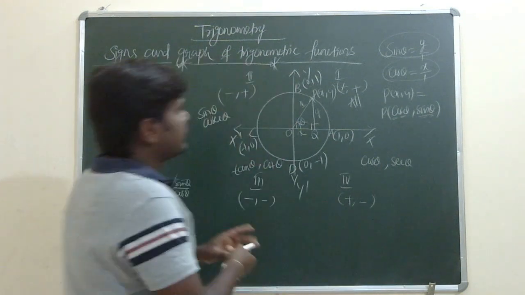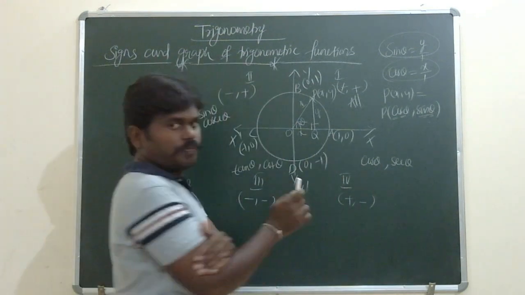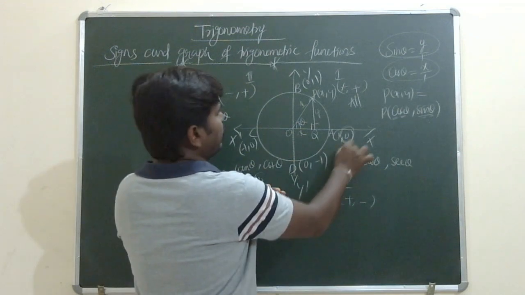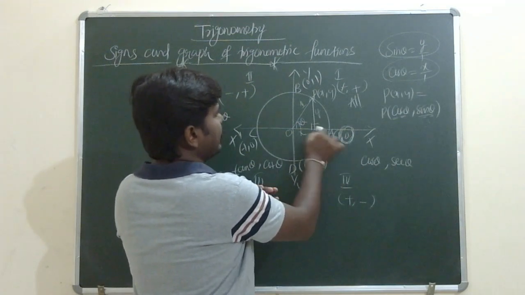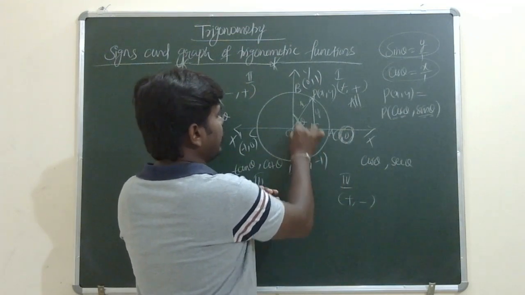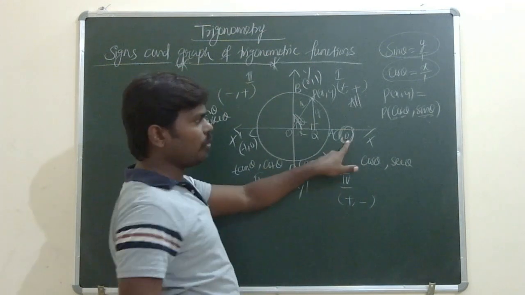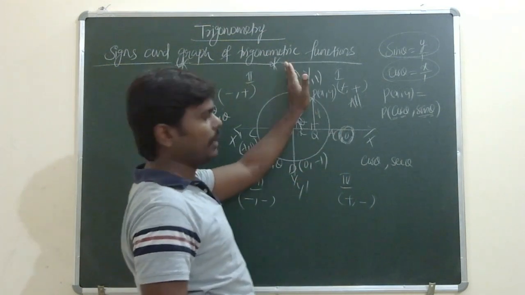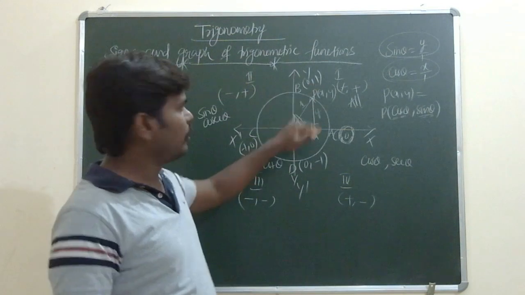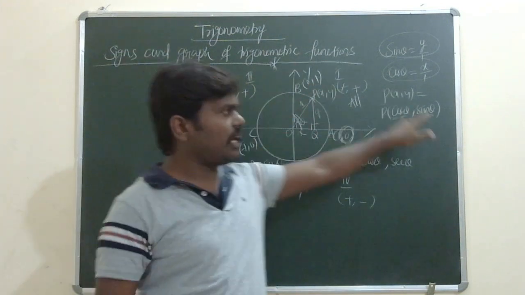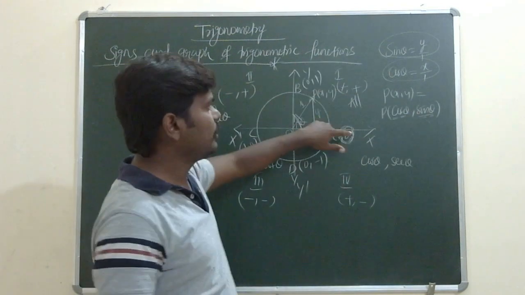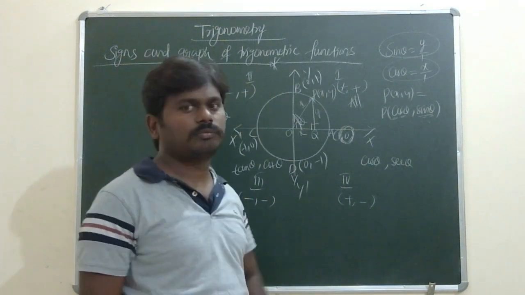The sin value is the y coordinate. In the first quadrant, when theta increases from 0 to 90, the y coordinate changes from 0 to 1, which means it is increasing. When theta is increasing, sin values increase in the first quadrant from 0 to 1.